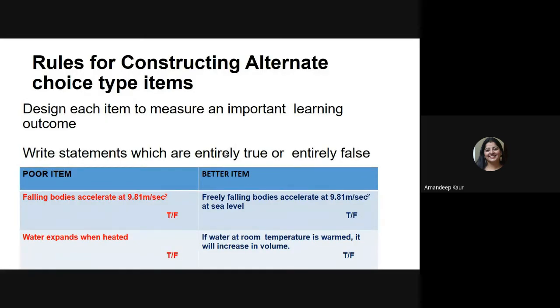The very first one is to design each test item to measure an important learning outcome. So now read the below statement. One is the poor item and second one is the better item, and identify what is the difference given in the poor item or the better item.